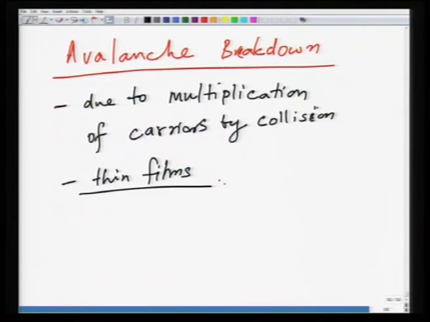And this is a process which occurs at lower temperature, and it is a very fast process, a very short time process.